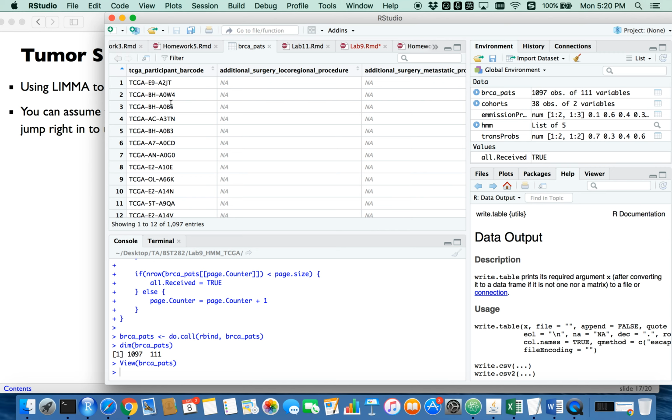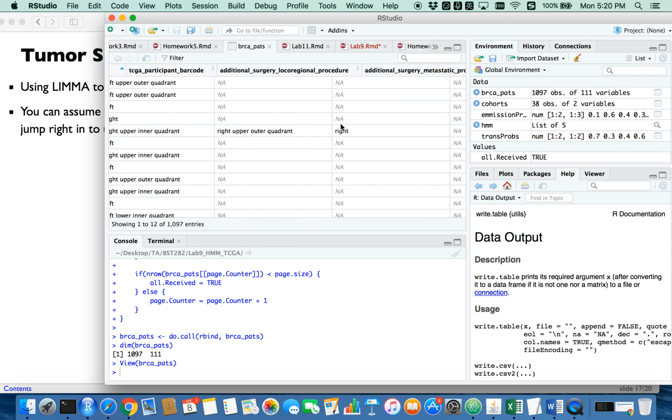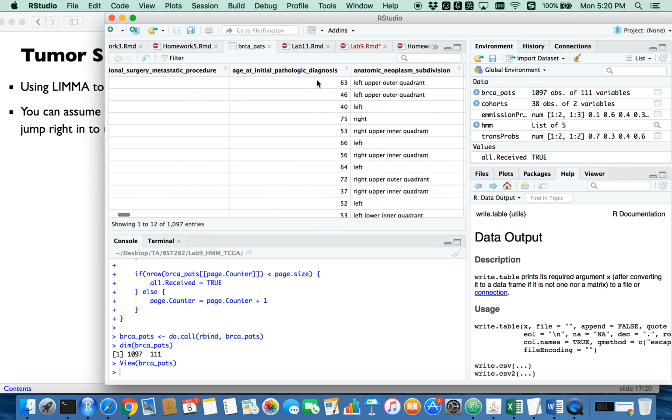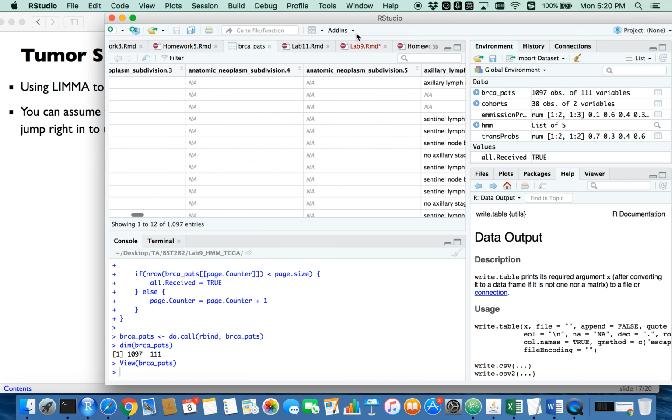If you want to get an overview of the database, we can go to this one. The first column is the TCGA patient ID. Each row refers to one patient, and each column refers to a specific indicator, such as age and other things.